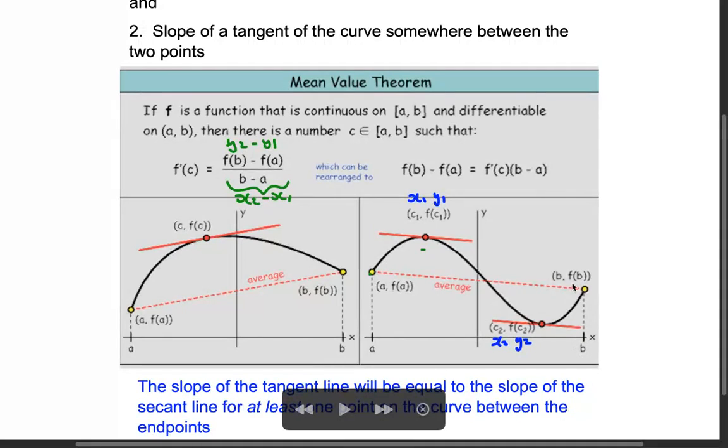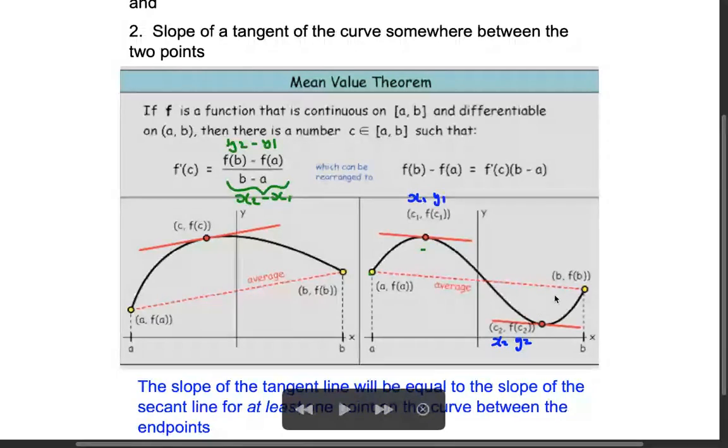In this case, if I take the secant line, the slope or the average rate of change is right here. And there are two points on my function that have the exact same instantaneous rate of change, right here at c1 and right here at c2. So it's going to happen at least once, assuming that it's differentiable and continuous, but it could happen more than once as well.